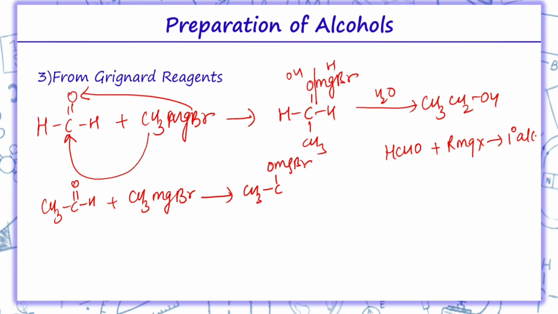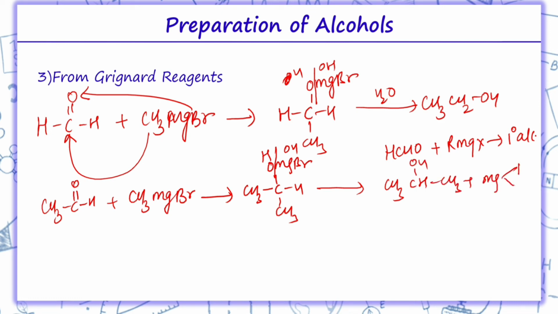It will be OMgBr, here CH3 and H. Again on hydrolysis this bond will break, here OH. So thus we will get CH3CHOHCH3 plus MgBrOH. So any aldehyde except formaldehyde will give secondary alcohol.